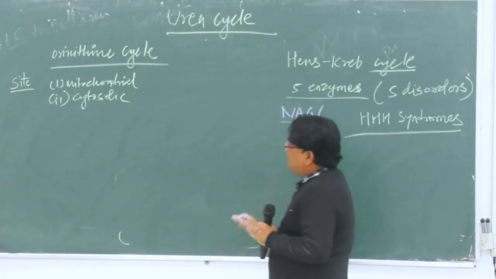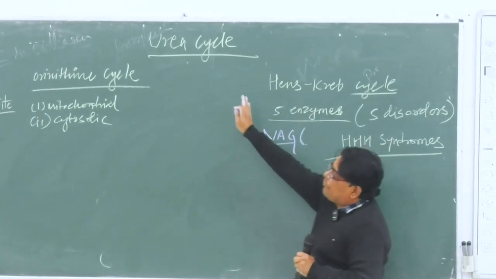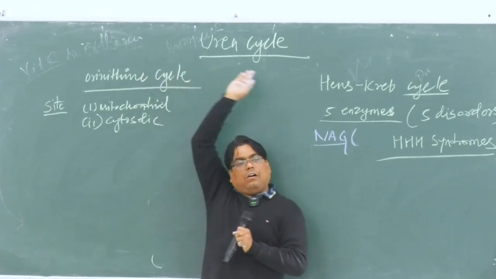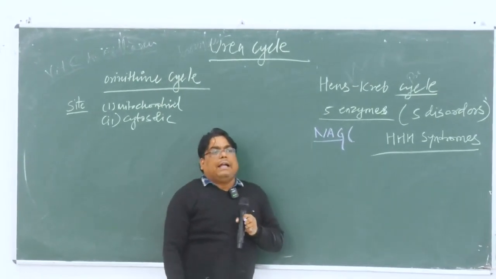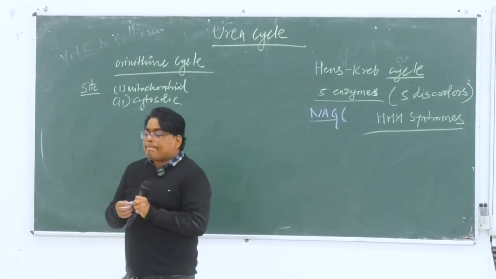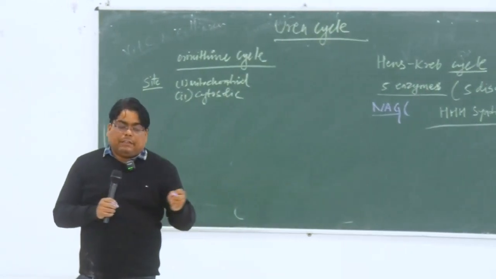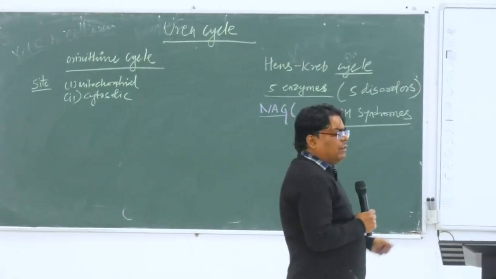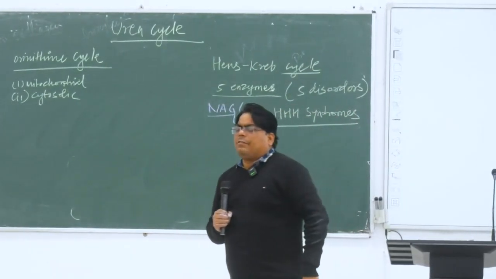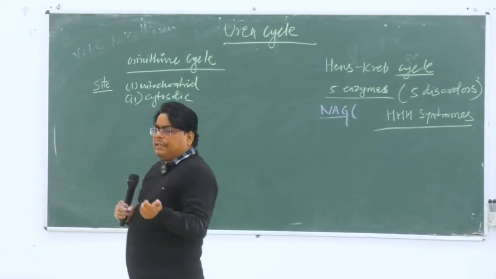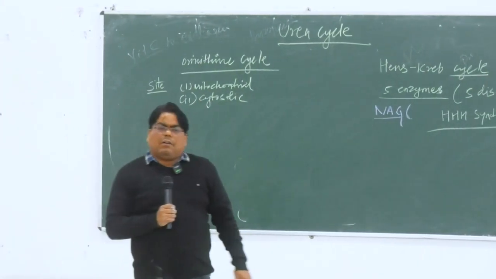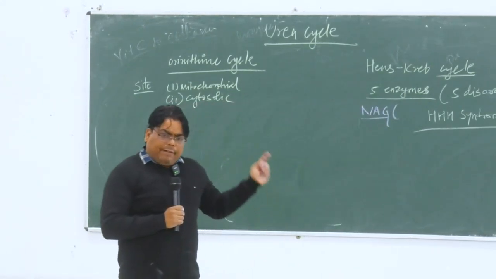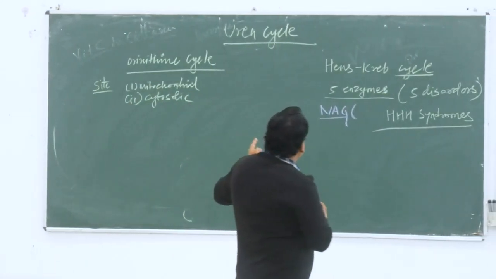This is what we call the ornithine cycle or urea cycle, and it is majorly present in the cytosol and mitochondria in the hepatocyte, because in liver there is presence of arginase enzyme, and arginase is a very prominent enzyme for removal of ammonia from arginine.